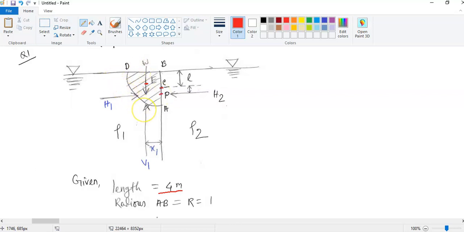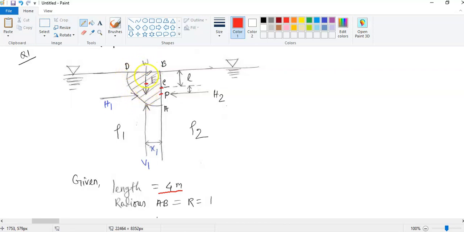When it is a curved surface, we also have a vertical force. The vertical force is acting in this direction. So you see this V1. The vertical force is the force which acts due to the weight. A similar amount of force will apply in this downward direction through the centroid of the area ABD.